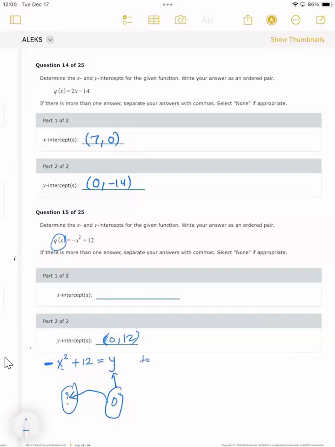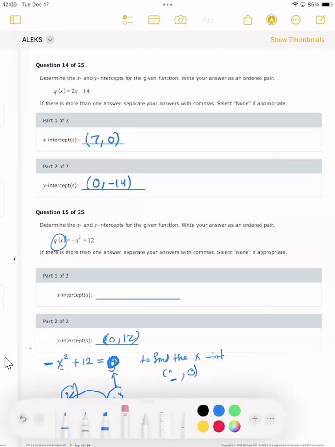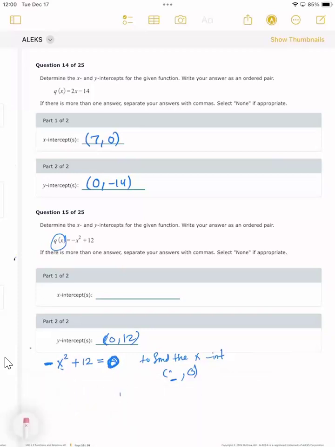So to find the x-intercept, we are going to let y equal 0. And then we want to find the x. So let me do that. Let me change this to 0. That's how you find your x-intercept. You change your y or your f(x) to 0. And then you solve the equation.